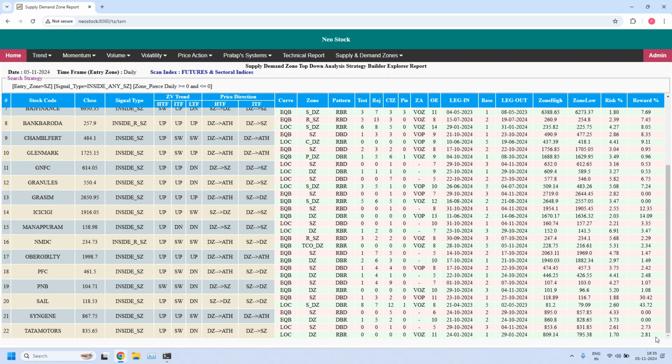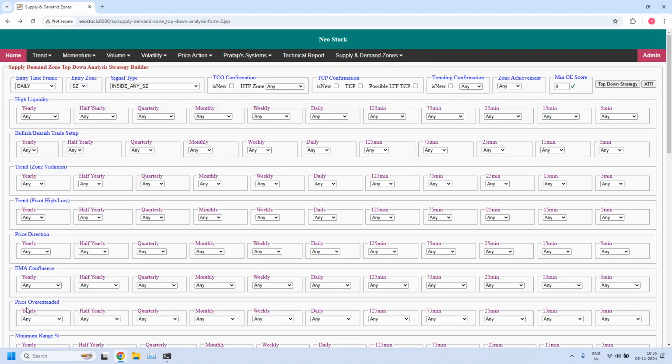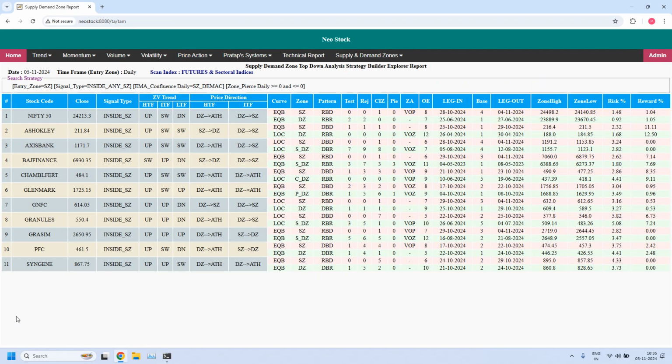But in these 22, there could be high probability setup stocks based on the daily EMA confluence. How many of these daily zones are having EMA confluence? So in the EMA confluence at a daily time frame, I am looking for a daily supply zone having daily EMA confluence. With this filter, we got 11 stocks. In these 11, some of these daily zones might be having sideways trend.